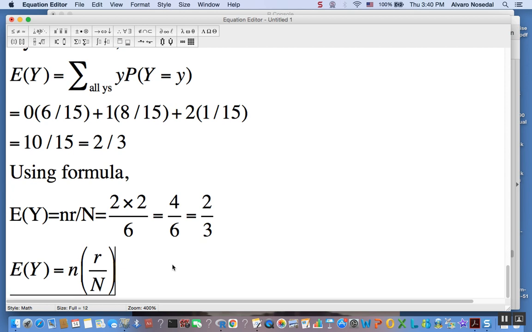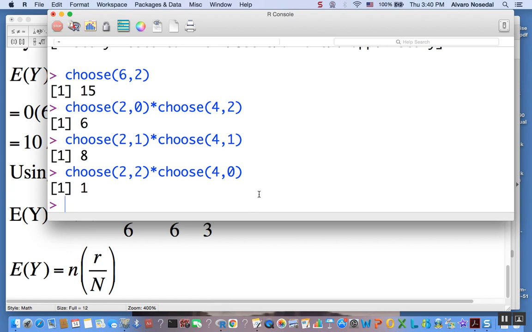So let's use R. So first, let's take a look at the help for the function dhyper, meaning the hypergeometric distribution.